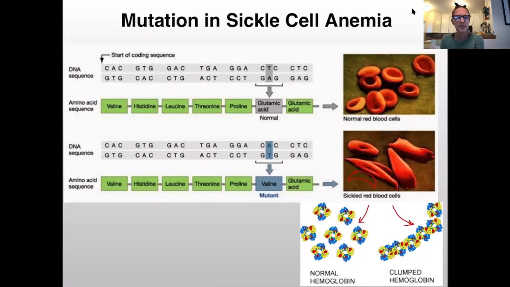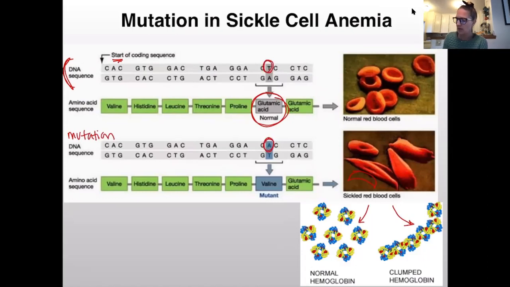All right, so let's look at the DNA sequence. So here's the DNA sequence. Here it says this is the start of the coding sequence, so that's the part that's going to make your proteins. And if you look at the resulting amino acid sequence, you see that normally we have a glutamic acid in this position, right? If we look at the DNA sequence of the mutation, which is down here, we'll see that normally there's a T there.